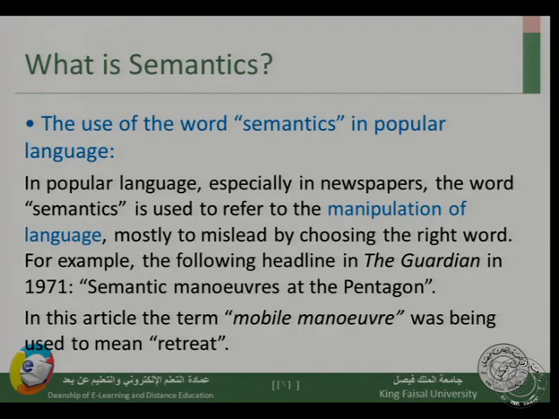Instead of saying retreat, which has a negative connotation, people will think negatively of the word retreat, they use mobile maneuver. So it's a different way to use a word that is not looked upon too favorably, and this is what we call semantics in this popular sense: manipulating the language and choosing the right word to mislead the reader, or mislead the listener.